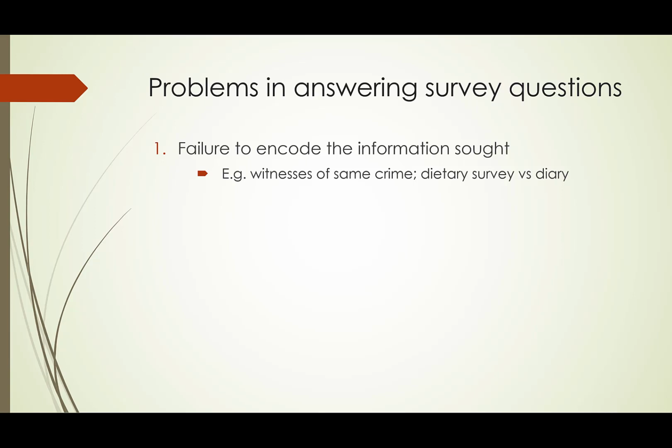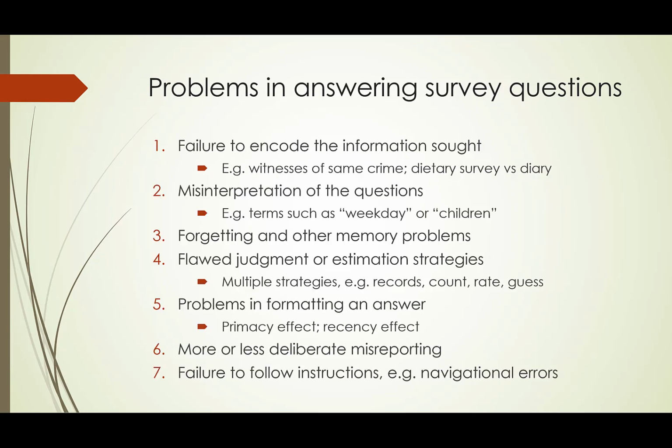Or we've been looking at homes with my wife, and she'll say, oh yeah, I remember that house with the brown wall. I don't remember a brown wall. I remember a house that was dark. We encode things differently. Another example is a dietary survey versus keeping a food diary. They don't coincide at all, because people remember things differently. So that's one problem we can experience.